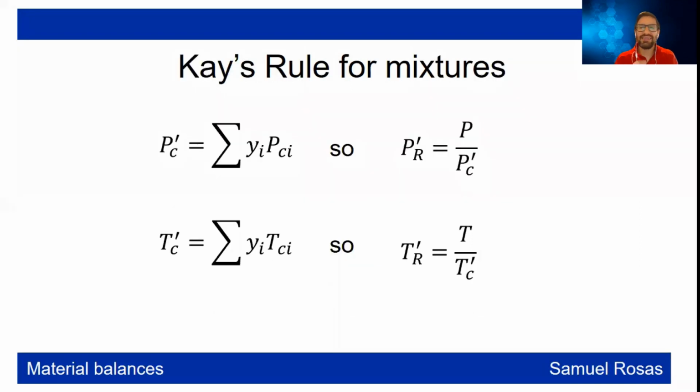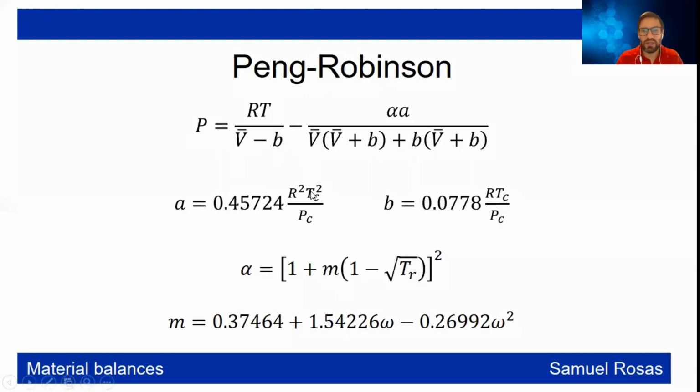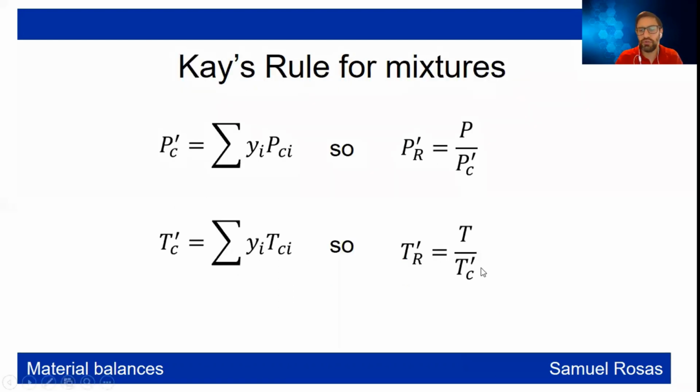And in these equations, remember, if you have a mixture, you can always use Kay's rule to get the pseudo-critical pressure and the pseudo-critical temperature of the mixture in order to plug them, let's say here for A and for B, if you need so, okay? Also, if you need the pseudo-reduced temperature, you can always use Kay's rules for the mixture. So this is about everything we have to talk about real gases. Thank you very much.